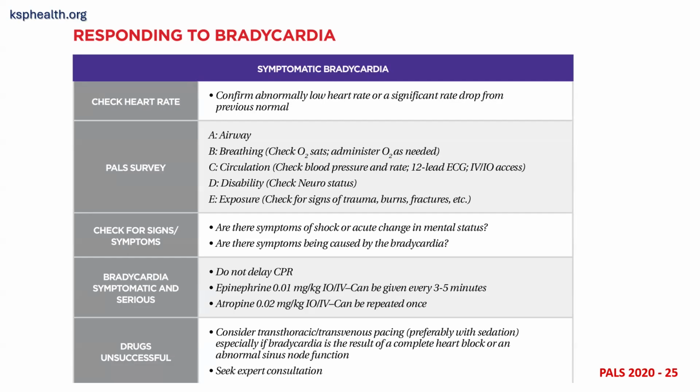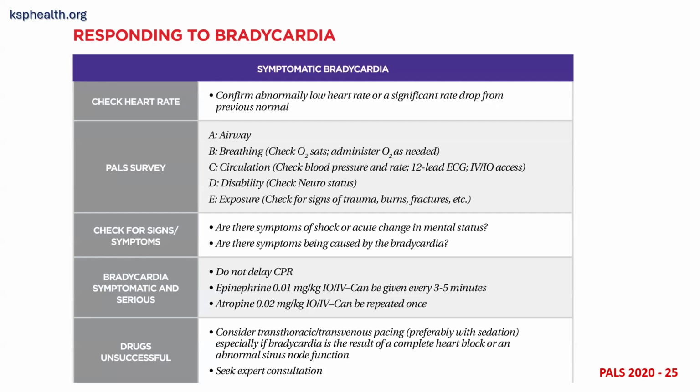The next one is check the mental status. Are these symptoms caused by bradycardia? Do not delay CPR. Epinephrine 0.01 milligram per kilo, either via IO or IV, can be given every 3 to 5 minutes. The practice is every 3 minutes. I do not know why the PALS and ACLS says 3 to 5 minutes. We typically do every 3 minutes. Atropine, the dose is 0.02 milligram per kilo.